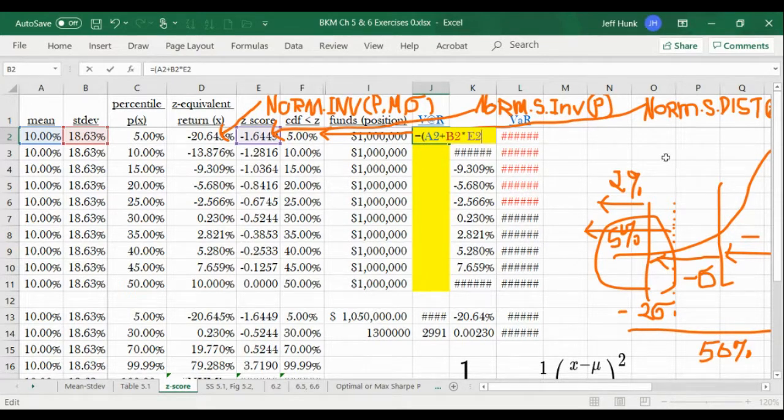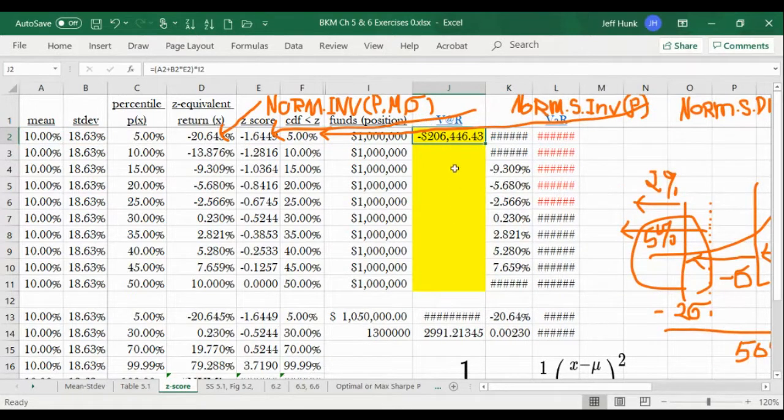That would give us this, negative, we already know the answer. And then the negative 20.64% of our $1 million would be what? Negative $206,443, right?